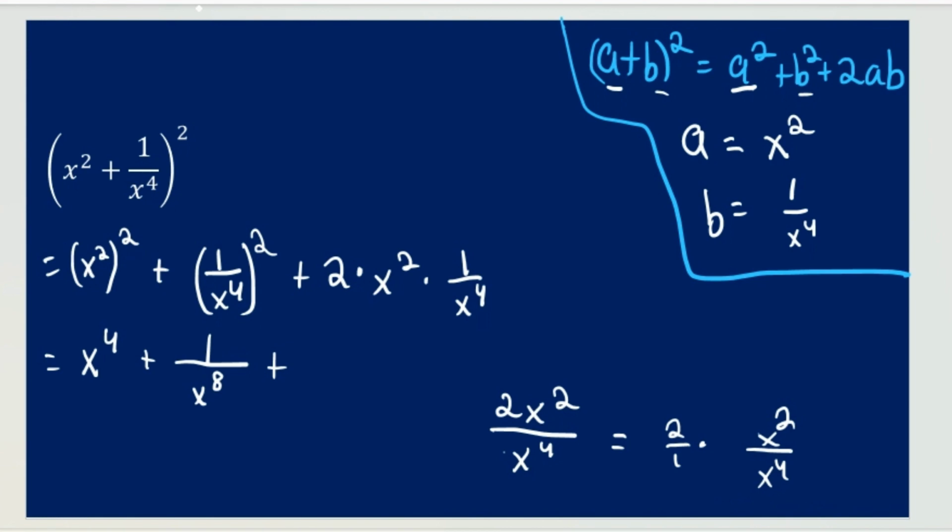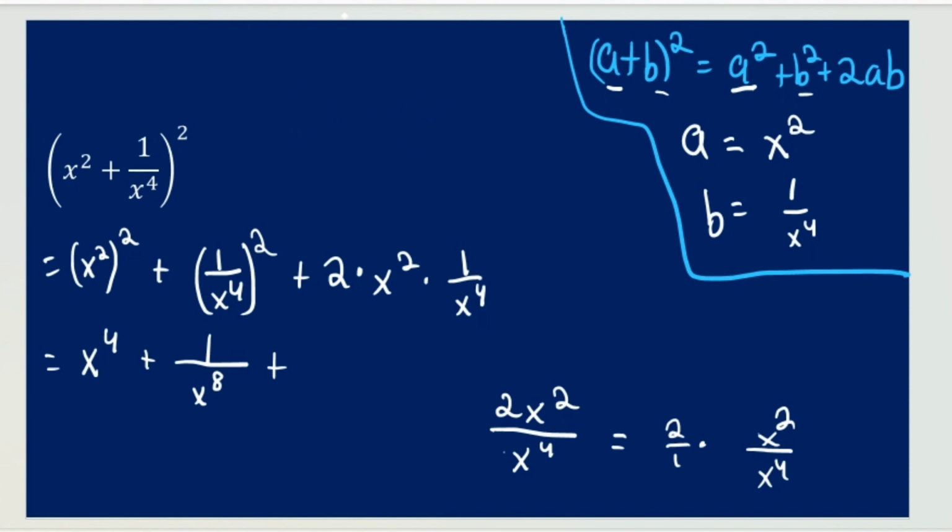We got x squared over x to the 4, so we can say x to the 2 minus 4. Well, 2 minus 4 is going to be negative 2. And now x to the exponent of negative 2 is going to be 1 over x to the exponent of 2. So that is going to be the answer here.